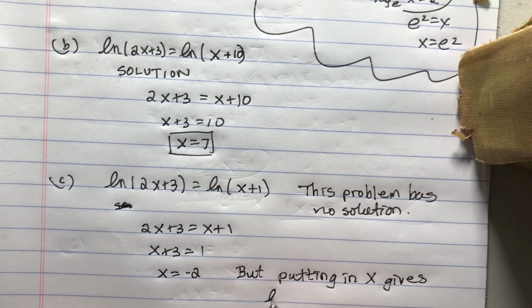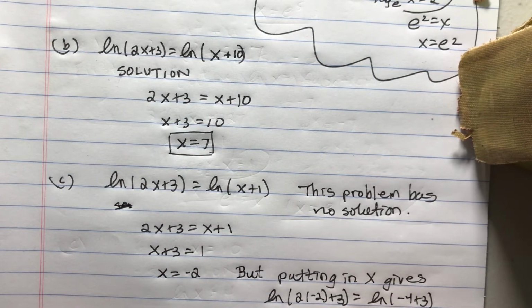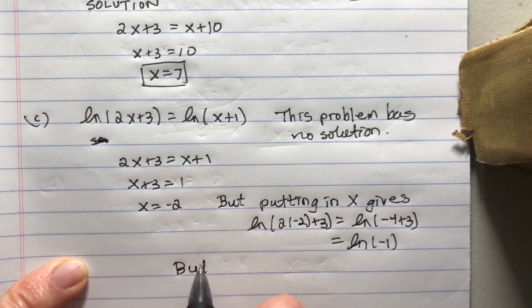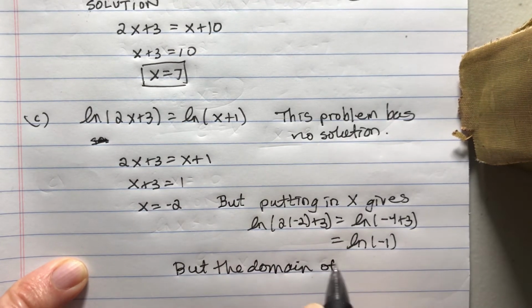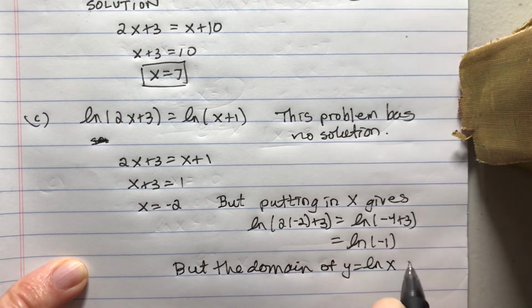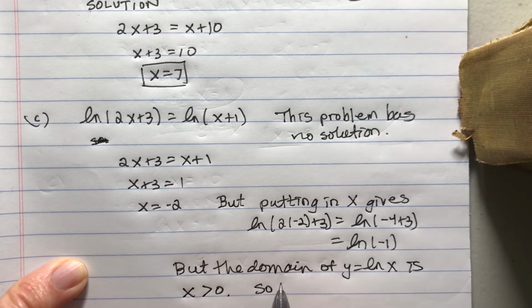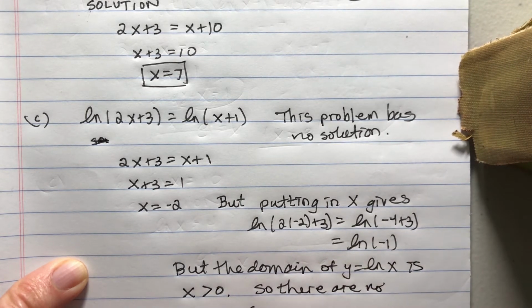If you look at putting in x, it gives ln of 2 times negative 2 plus 3, which is ln of negative 4 plus 3, which is ln of negative 1. But the domain of y equals ln x is x greater than 0. So there are no solutions.